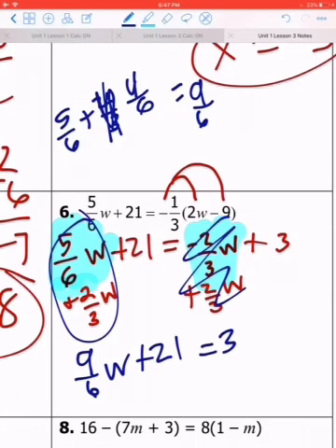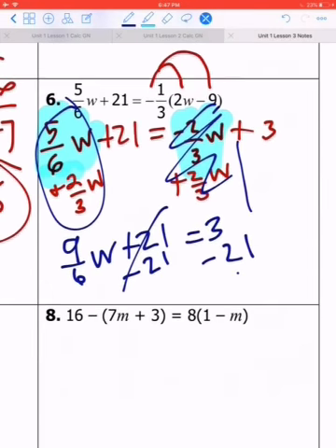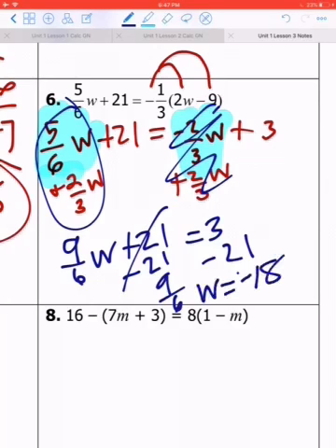And then we're going to solve for w. So subtract 21. Okay, and so 9/6 w equals negative 18. Now to solve this, you could multiply by the reciprocal, or I just do this one step at a time.